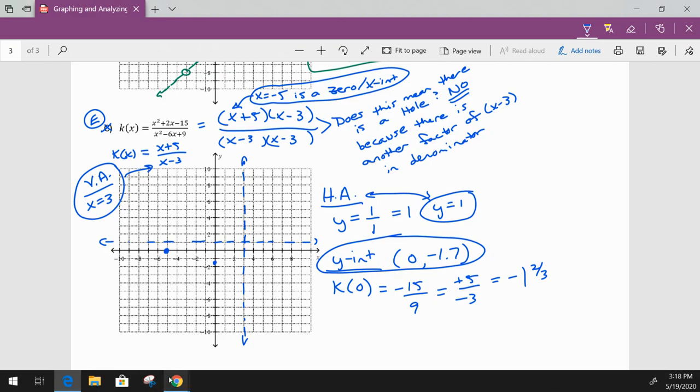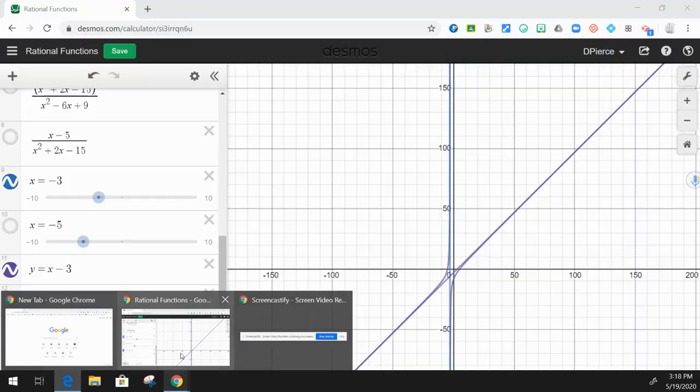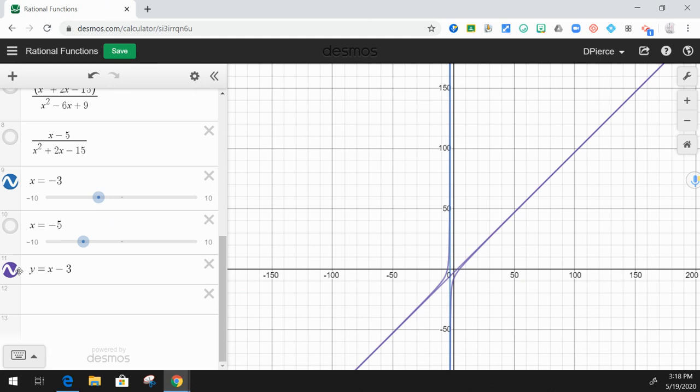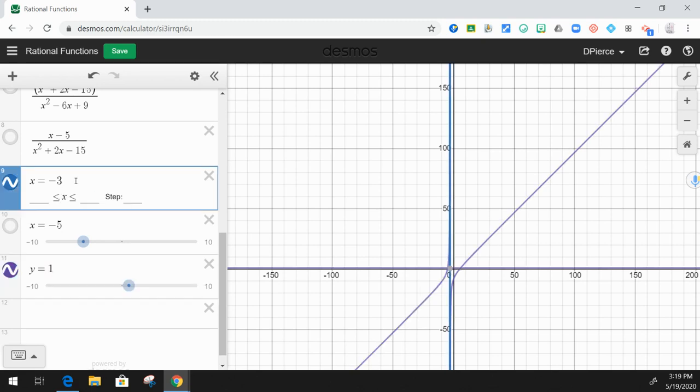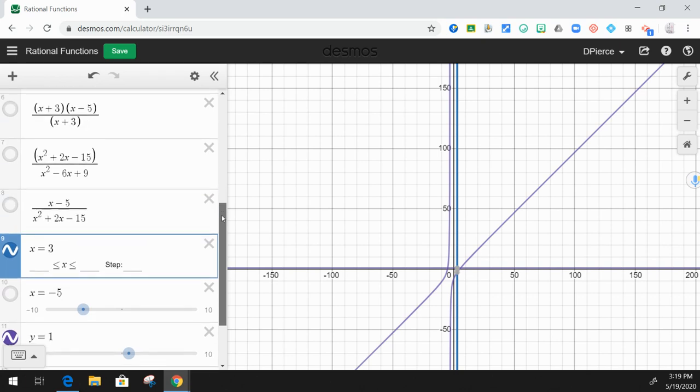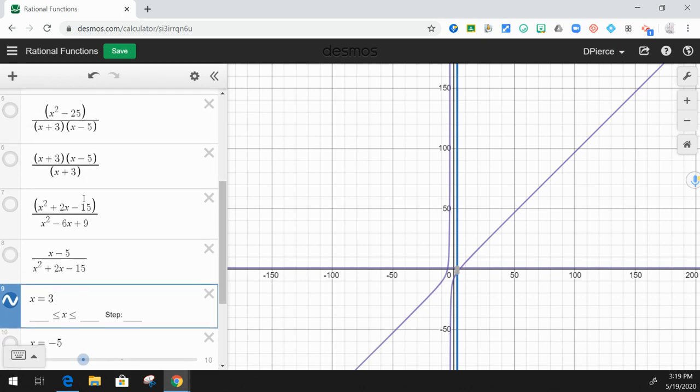All right, so just to help us graph this a little bit faster, we have y equals 1 as our horizontal asymptote. We have x equals 3 as our vertical asymptote. We have this function here.